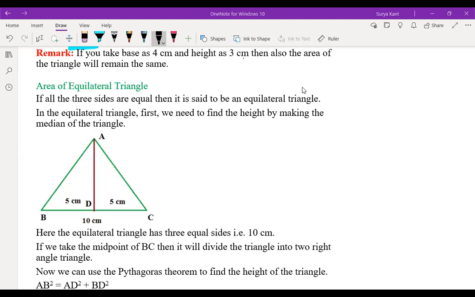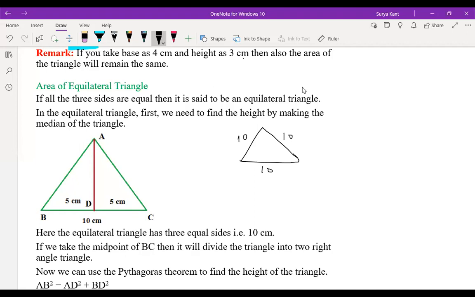Suppose this is an equilateral triangle, all sides are 10, 10, 10. How do you use the Pythagoras theorem? How will you find this? Say, Akshit.